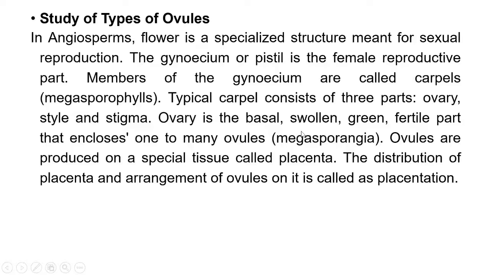Ovary is the basal, swollen, green, fertile part that encloses one to many ovules. Ovules are also called megasporangia. Ovules are produced on a special tissue called placenta. Placental tissue is fertile. The distribution of placenta and arrangement of ovules on it is called placentation.